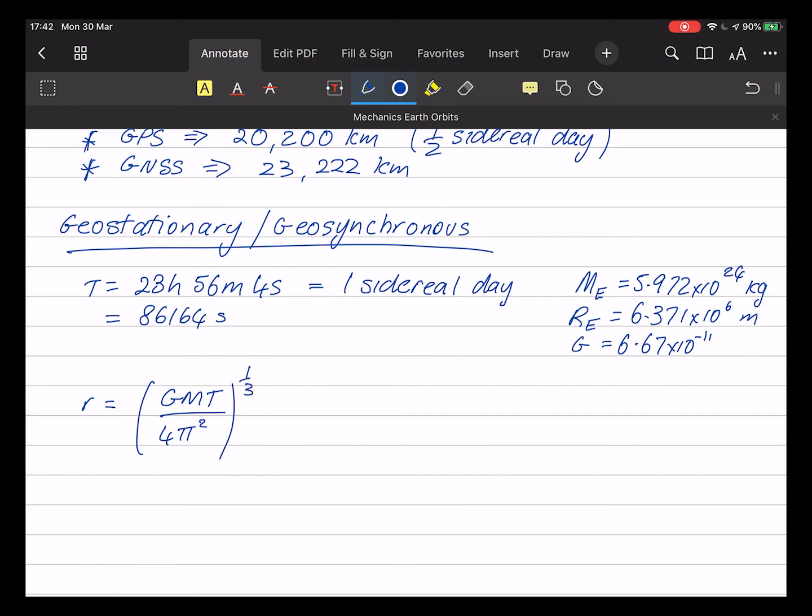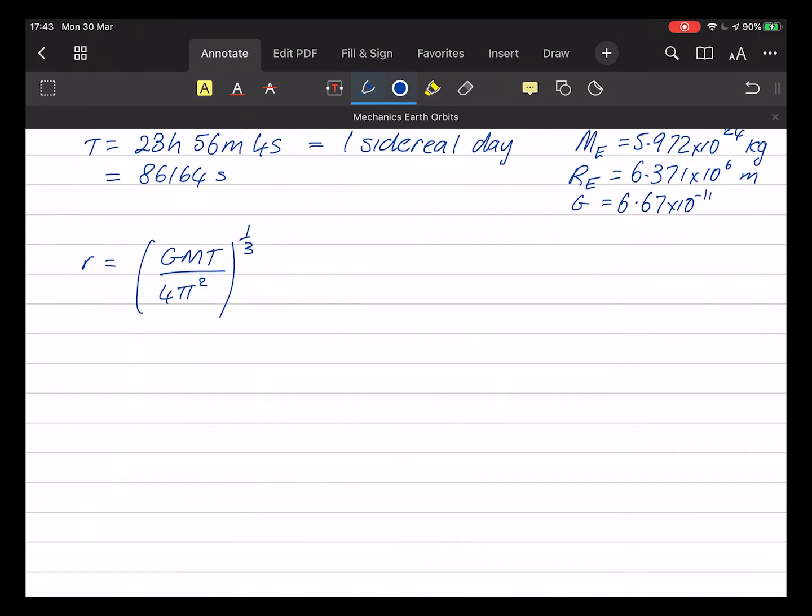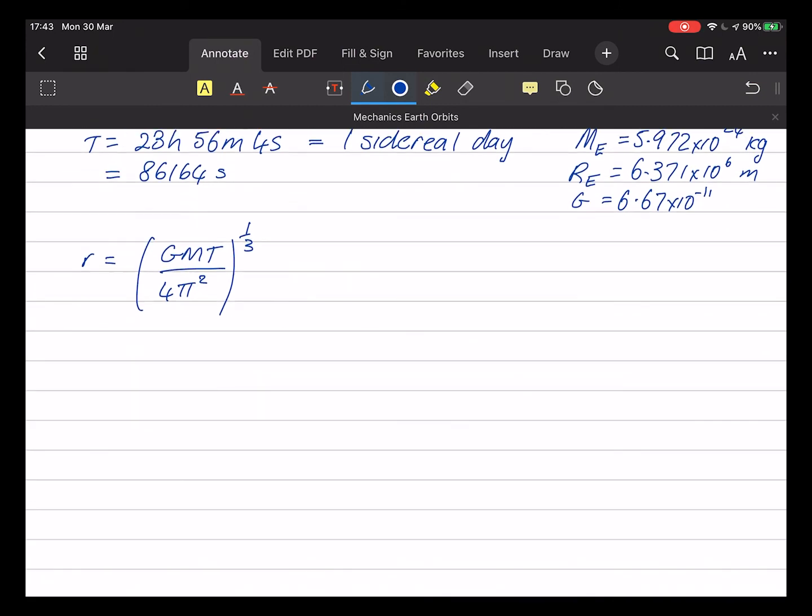A little neater if I do it that way. So 6.67 by 10 to the minus 11, mass of the Earth, 5.972 by 10 to the 24. Time is that 86,164 seconds.